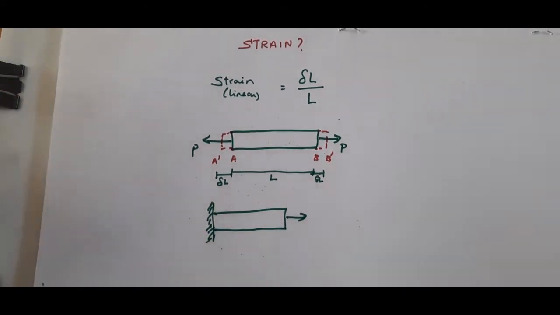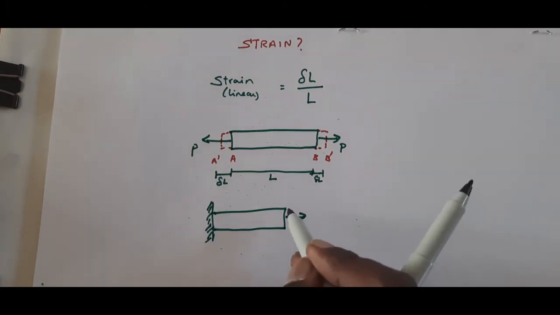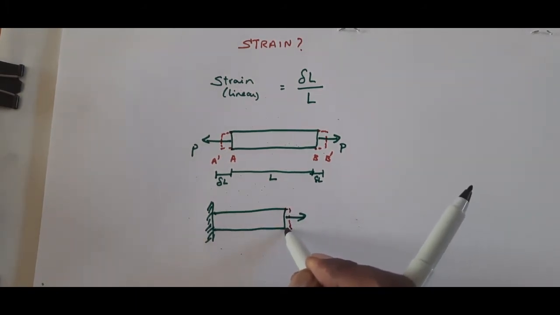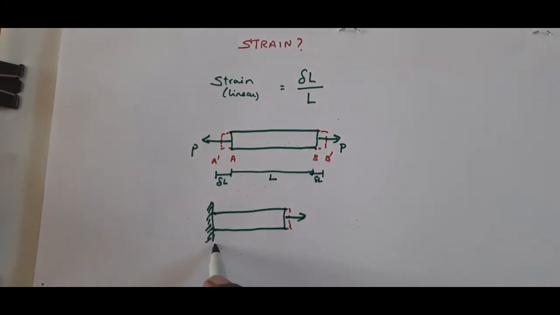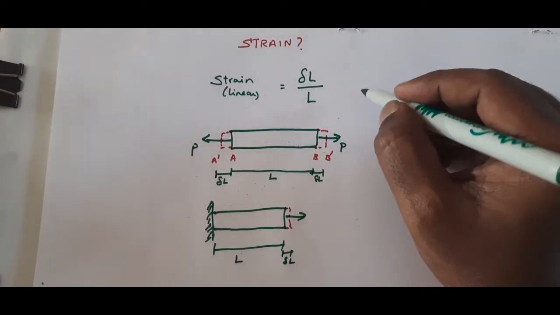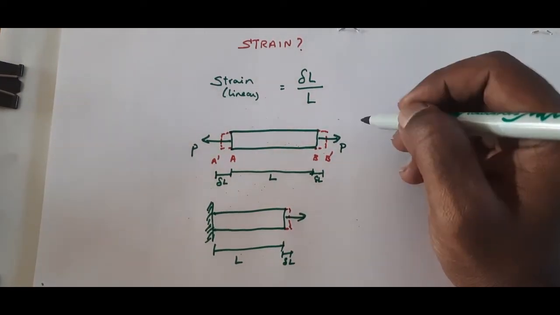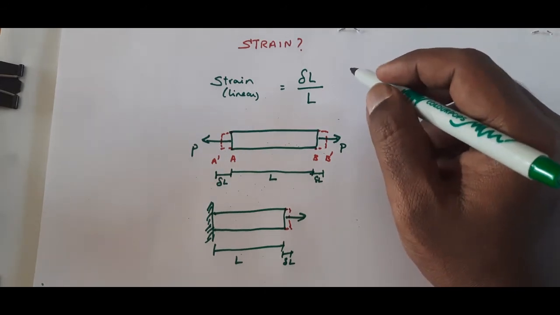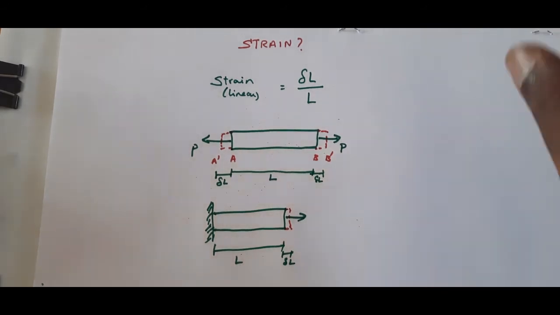Now automatically it will tend to move. So if you see here, this is the original length and this is the change in length. Now, as I told at the starting of this strain concept, what is strain? Strain is nothing but change in dimension per unit dimension. Okay, that was the basic definition of strain.